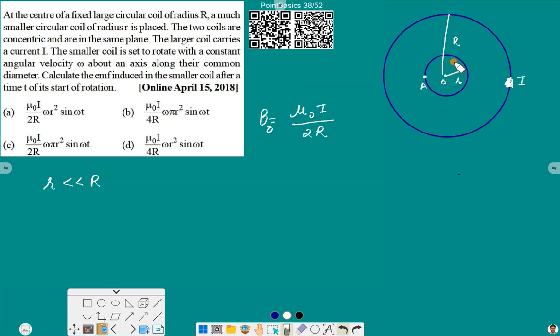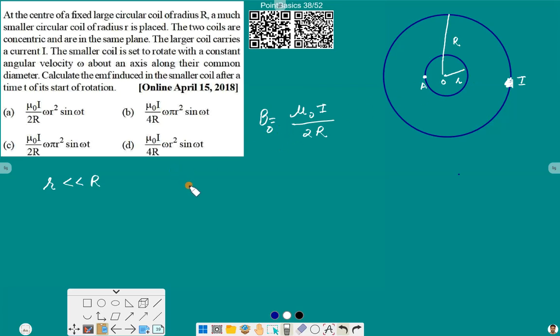And when we calculate the flux, it is the average value of the magnetic field inside this coil multiplied by the area of this coil. As we don't have the formula for the field at point A, we assume that this central coil is very small compared to the bigger coil, so the field inside it due to the bigger coil is almost constant and equal at each point inside the smaller coil. That is our assumption.